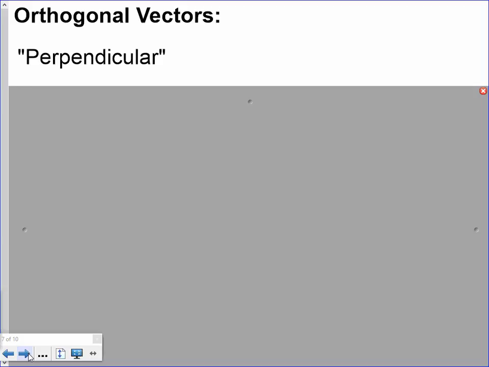Orthogonal is a special word that we use when talking about vectors that are perpendicular. Think back to geometry. Perpendicular would mean those vectors are intersecting to form a 90-degree angle.